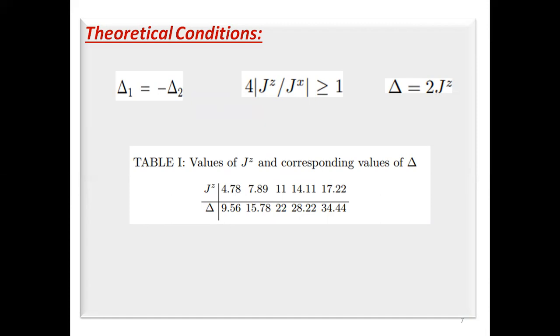If we fix it at, for example, 4.80, then the message will not get transferred. We have observed it, right? Then delta will take the value delta equal to 2 times JZ. Simply we have to multiply it by 2. These are the parameters we have to choose so that the message will get successfully transferred.